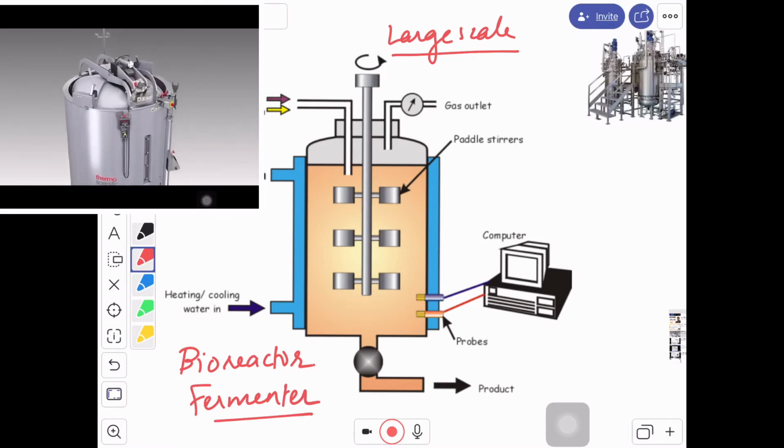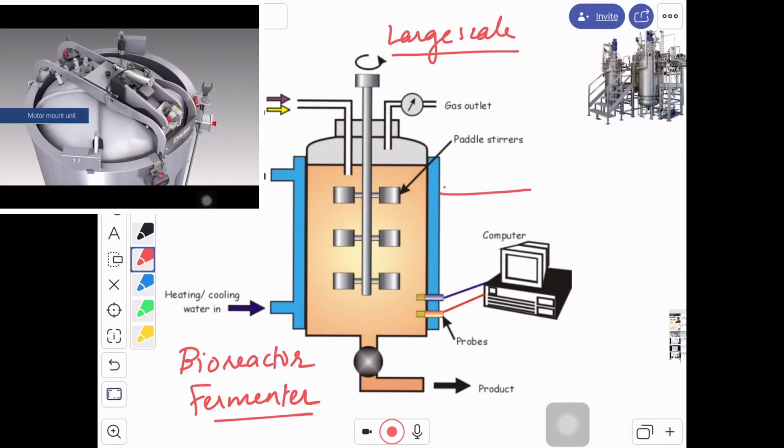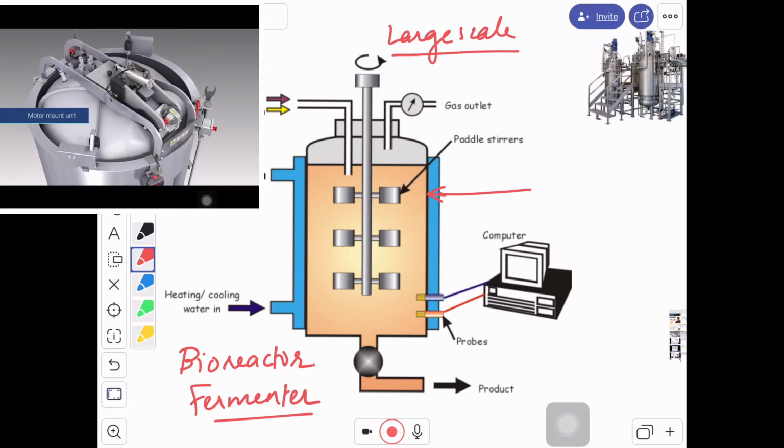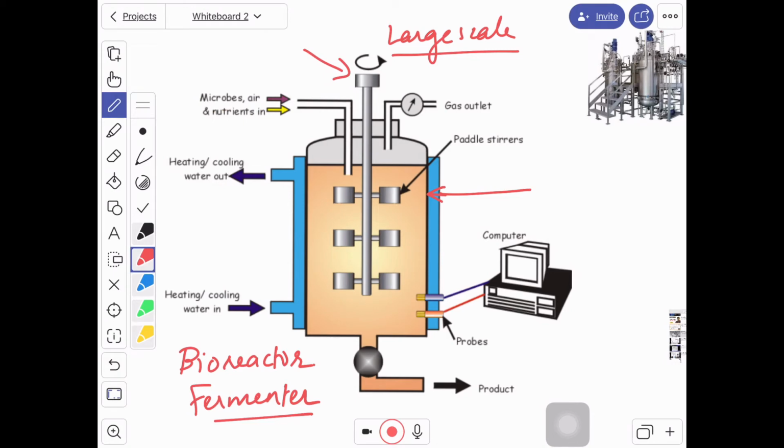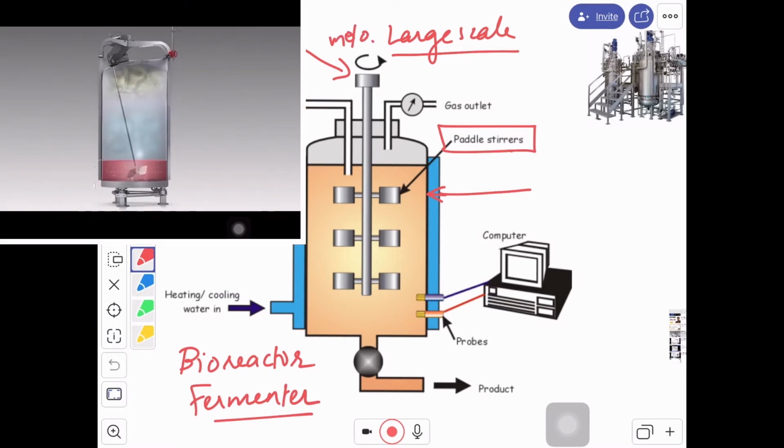You can see a vessel, a steel tank like structure, and to that you can see a rotator, a stirrer, is fixed. This stirrer is connected to a motor, and that motor rotates the stirrer. This improves the mixing.